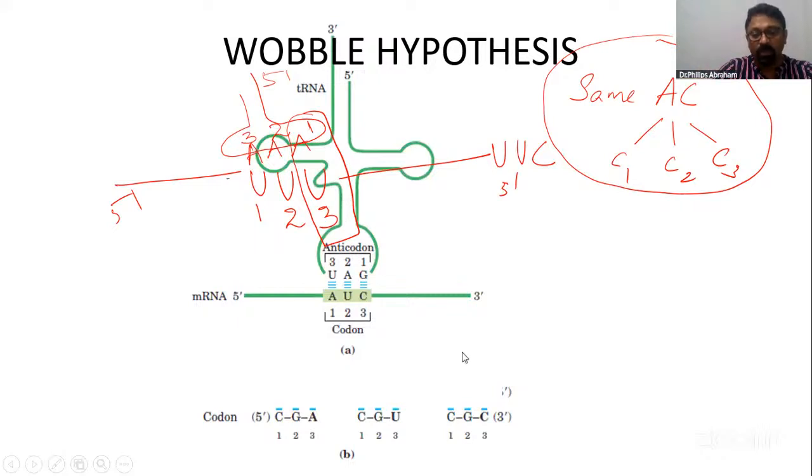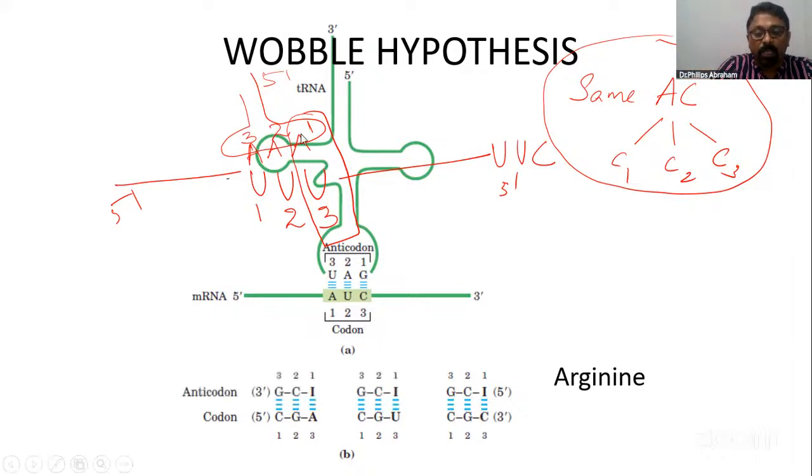Here, look: this is for arginine. CGA, CGU, CGC, all three are for arginine. And this is the anticodon, GCI, where I stands for inosine. This GCI will be able to pair with all three. The first nucleotide of the anticodon is inosine. That can pair with C, with U, and with A. So this is the wobble hypothesis.